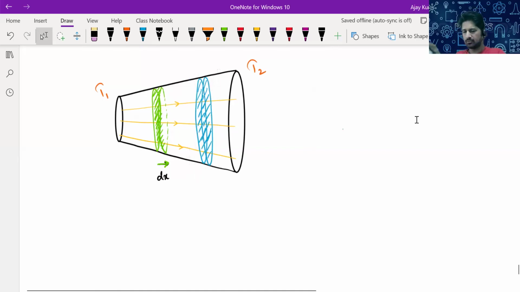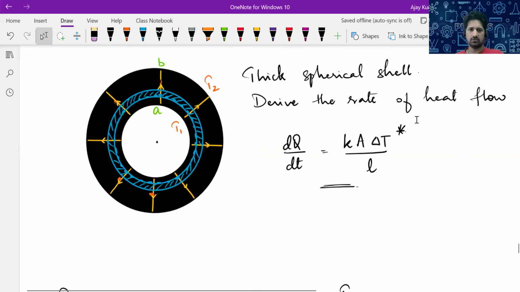So as heat flows from layer to layer, the layers are circles. In case of a cone, the cross-sectional area is a circle. So you'll have to give some thickness to that circle. So it's like a disk. So it has to pass through the disks one by one. So you can treat each disk as a thermal resistance. The resistances are placed next to each other. So it's like a series of resistances. Same thing in case of sphere also.